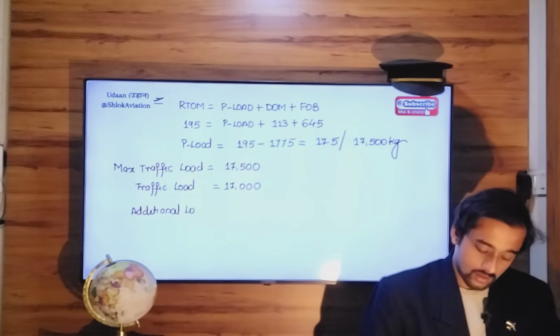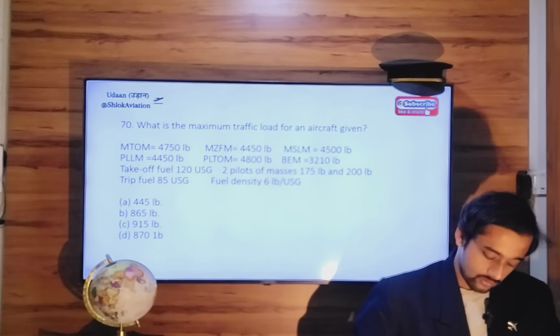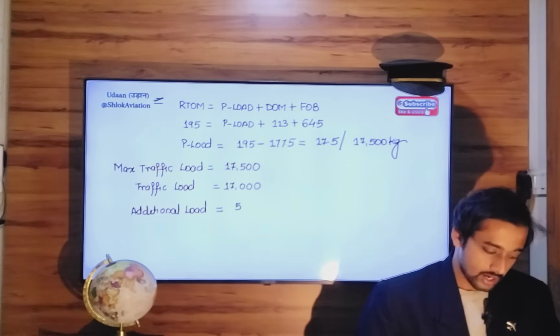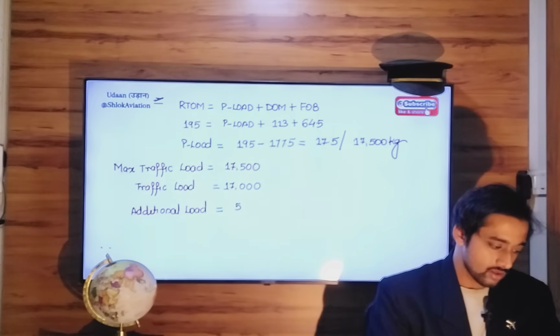So you can carry an additional load of 500 kilograms.